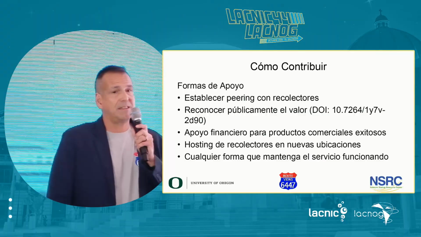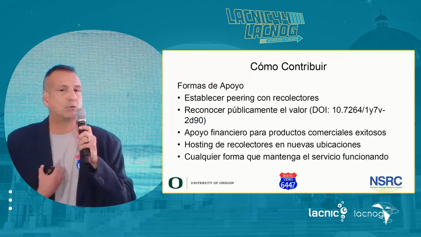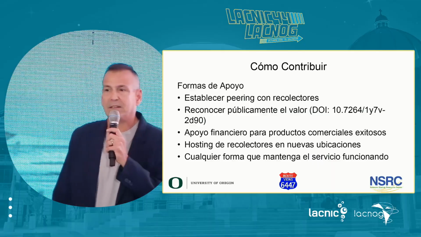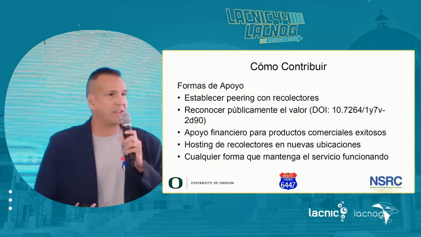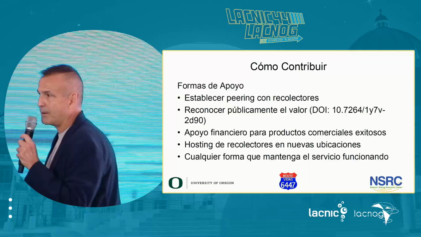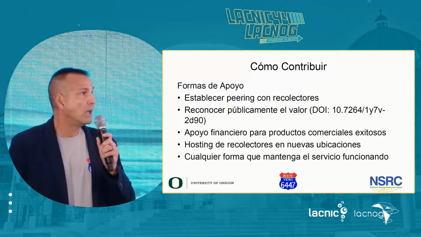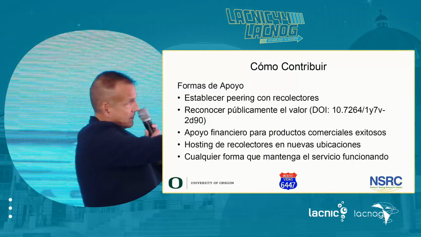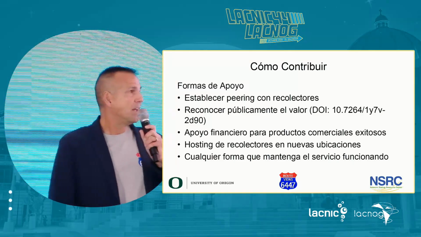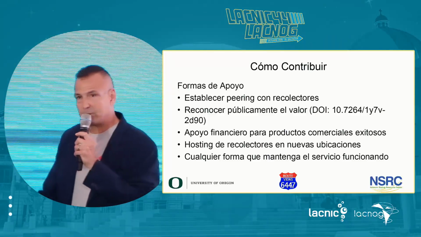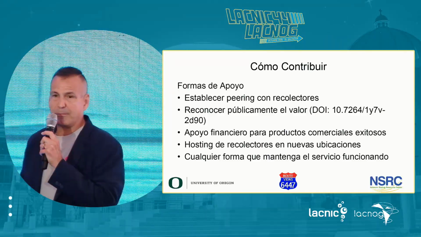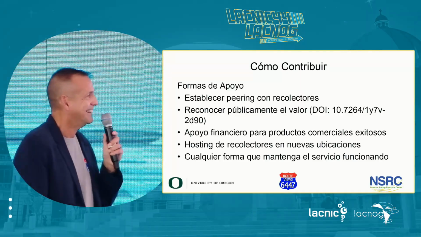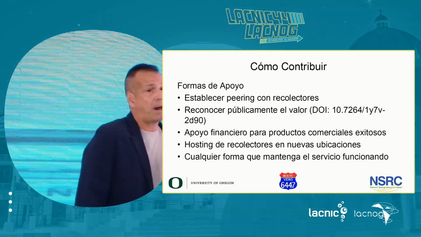Second, every time you write an article about BGP routes or scientific research, please name us explicitly, because this is a way for us to show that the funds we have received have produced added value. The DOI number for our project is how you can cite us or refer to us in your article, in your memoirs, in your book, and so on. Financial support.